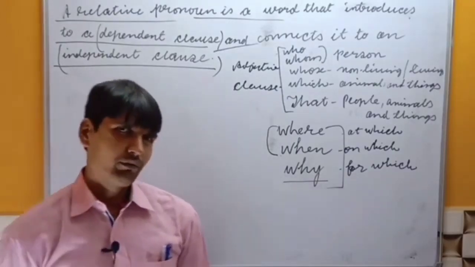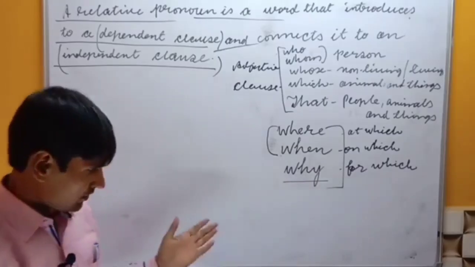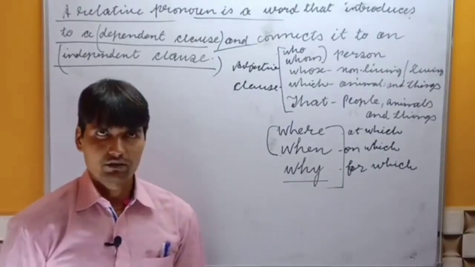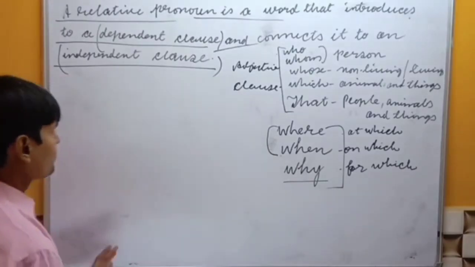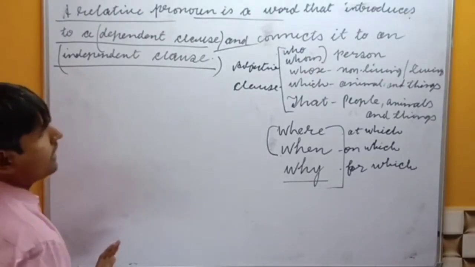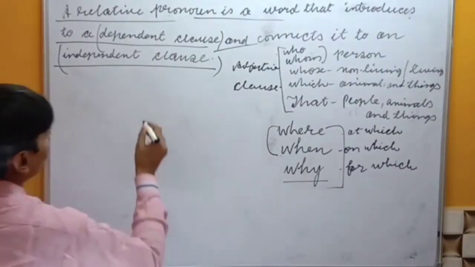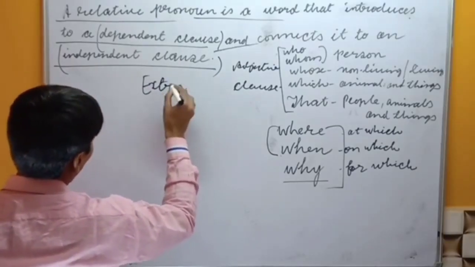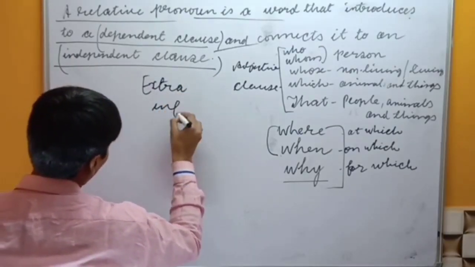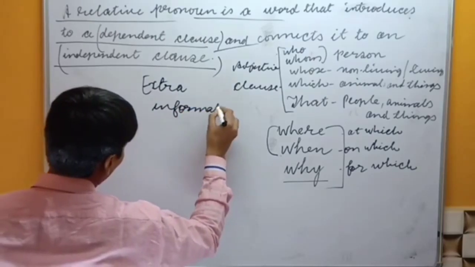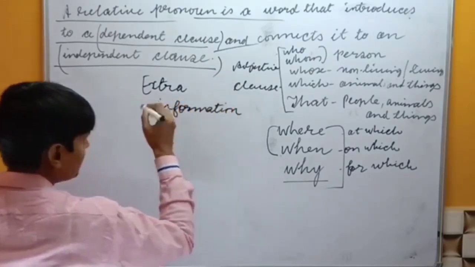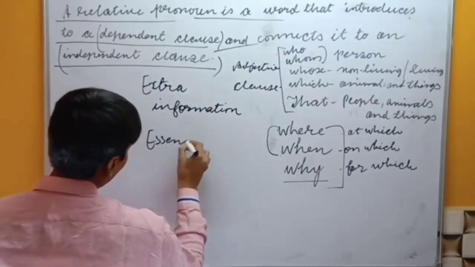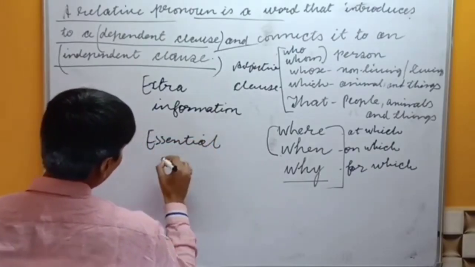These are the ways by which you can separate the extra information from the essential information. So you need to know about extra information, or additional information, and essential information.